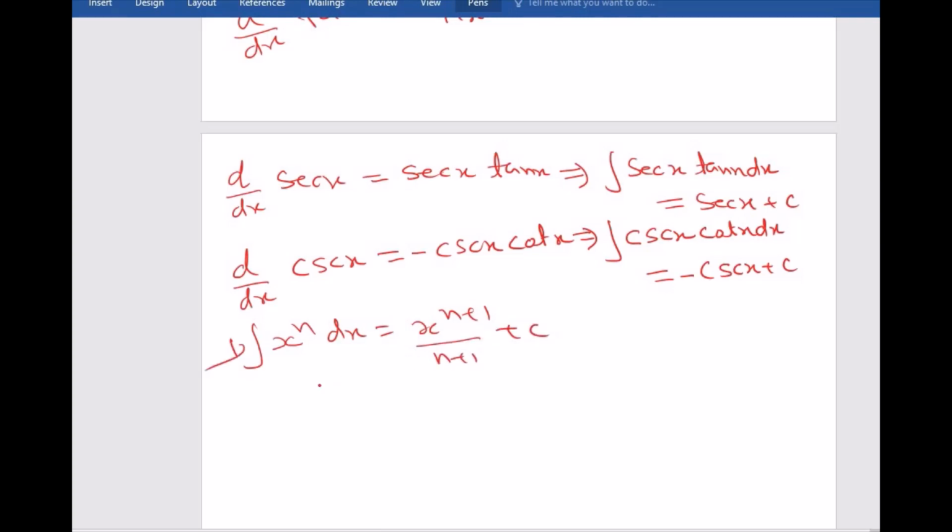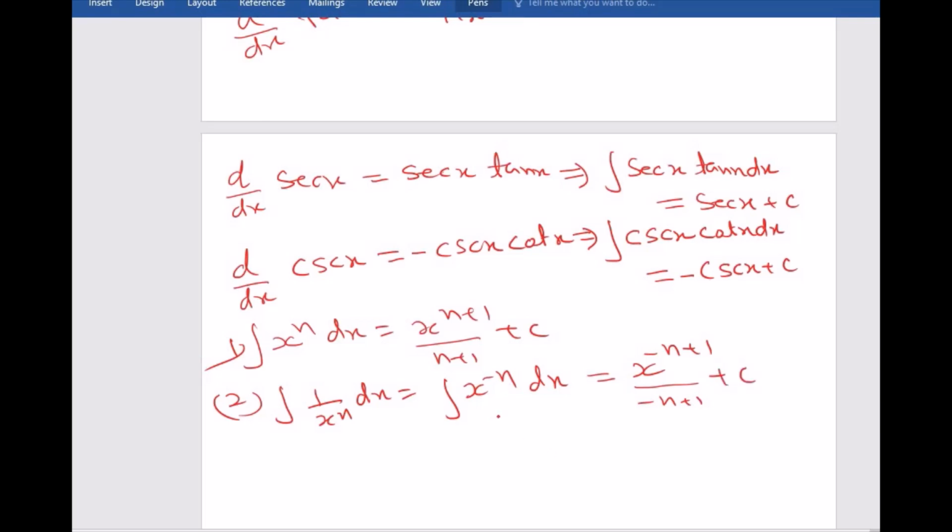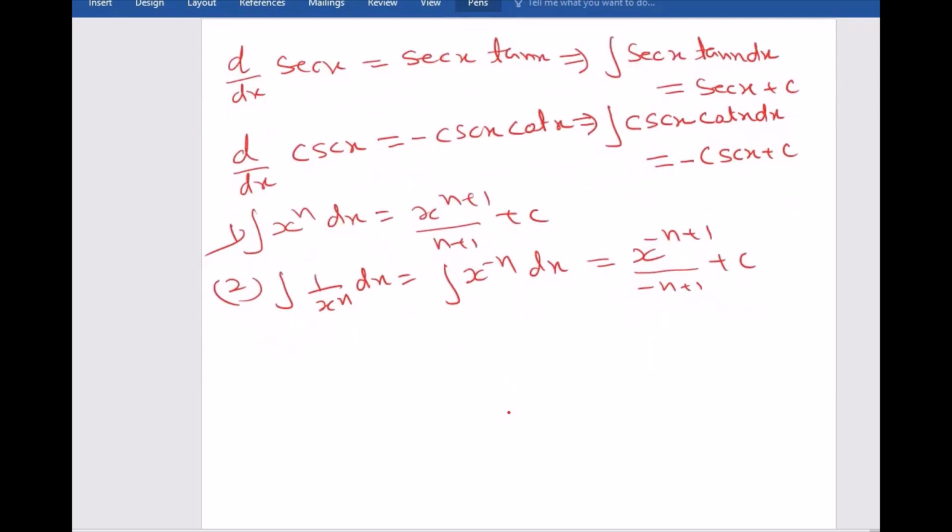Rule number 2: similarly, the integration of 1 divided by x to the power n dx, we can write as x to the power minus n dx, and then in place of plus n it is minus n, so we can write the integration as x to the power minus n plus 1 divided by minus n plus 1, plus c. How we will use this type of thing, inshallah I will try to show you.